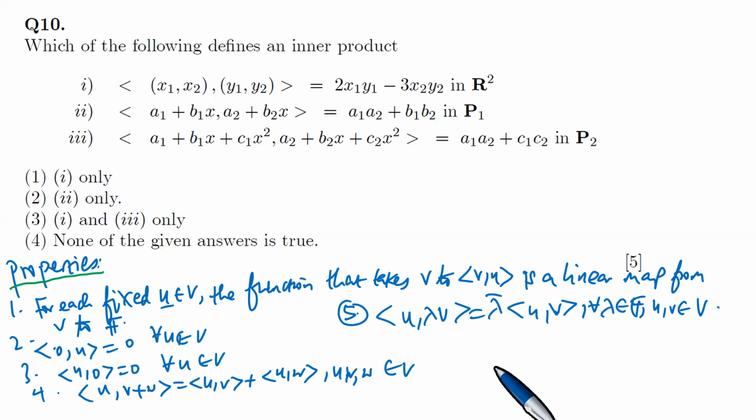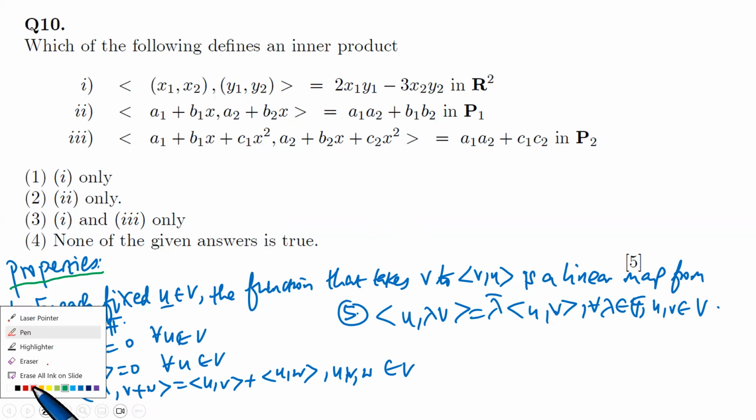Looking at these very carefully, each one is a function, so we must go through all of this. A very clear analysis reveals that it's none of the above.